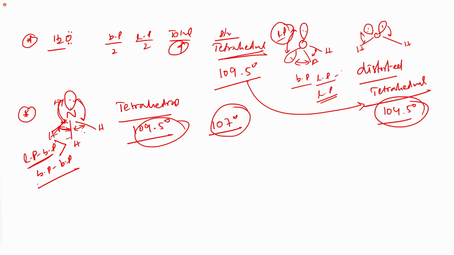Another example is the SO2 molecule. First consider the structure. Here sulfur has two bonded electron pairs with the oxygens, but sulfur also has one lone pair, so the total equals 3.